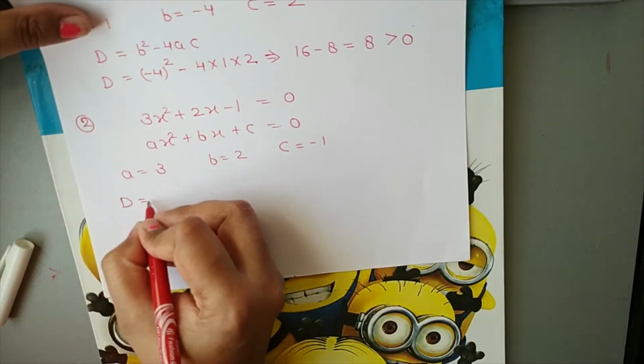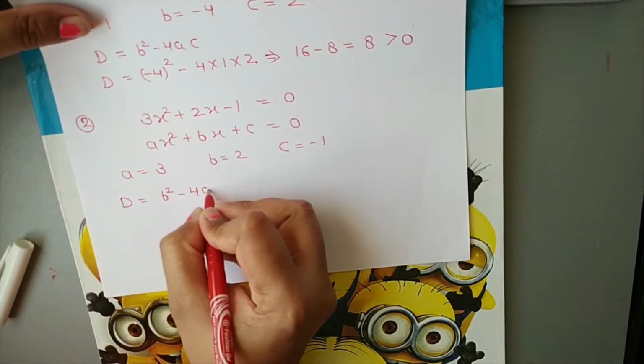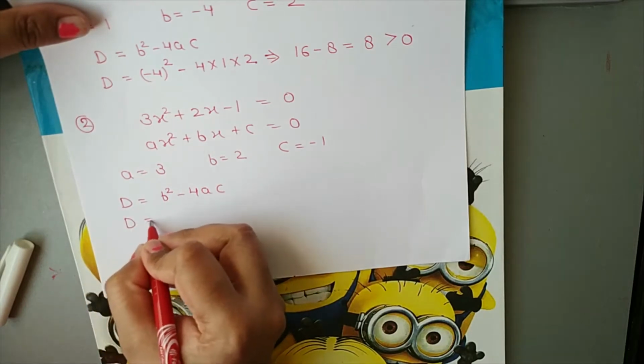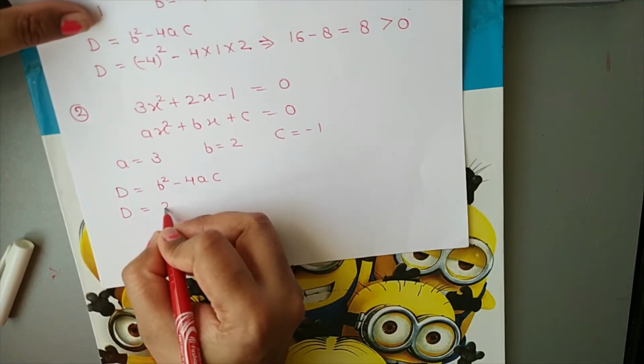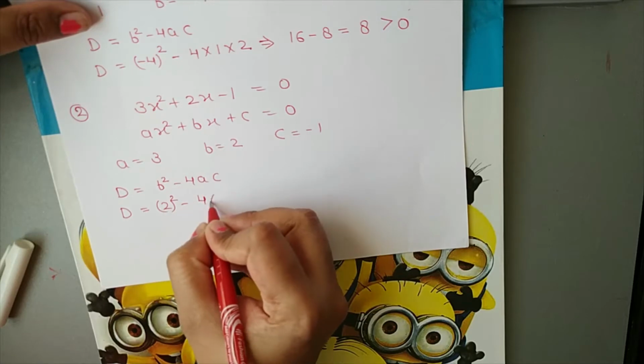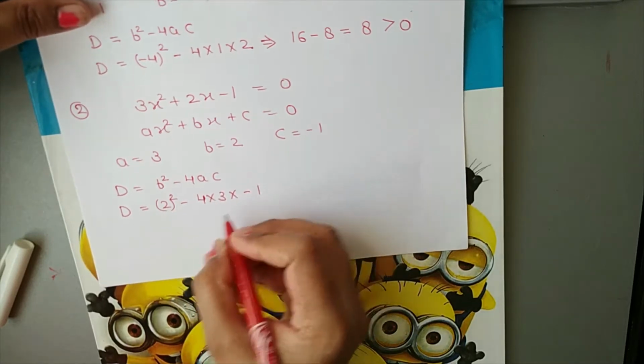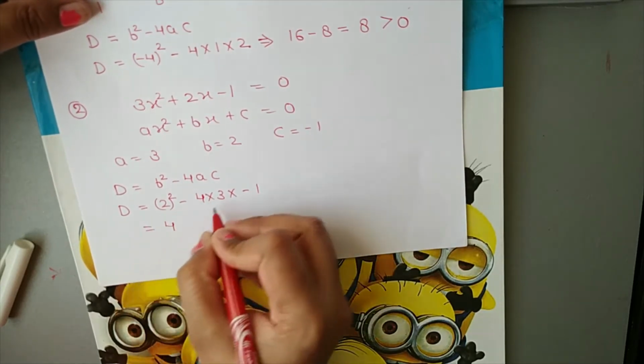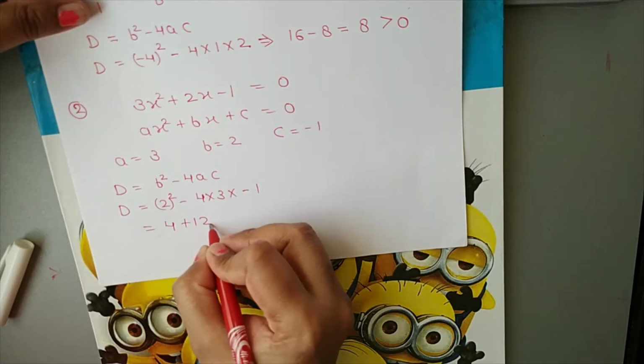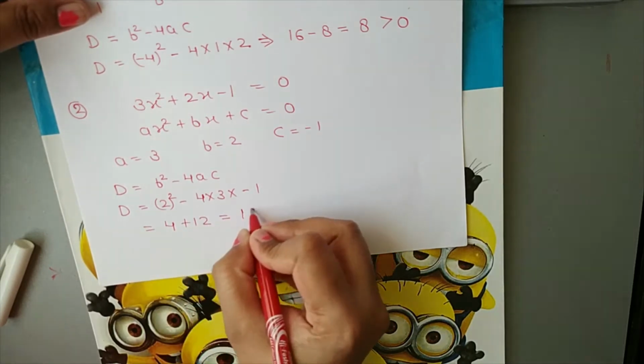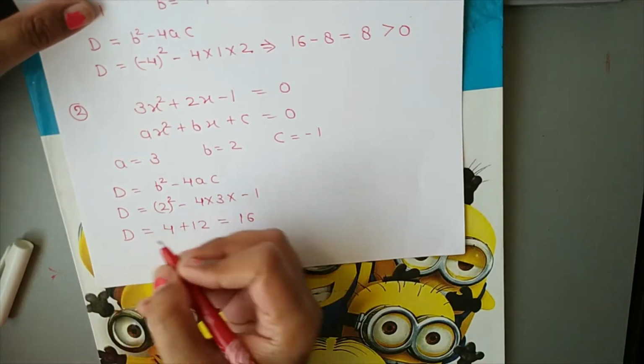D is equal to b square minus 4ac, so 2 square minus 4 into 3 into minus 1, that is 4 plus 12, that is 16. So D is 16.